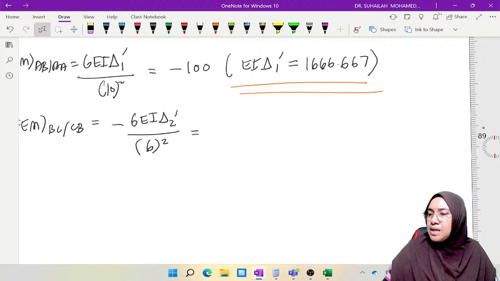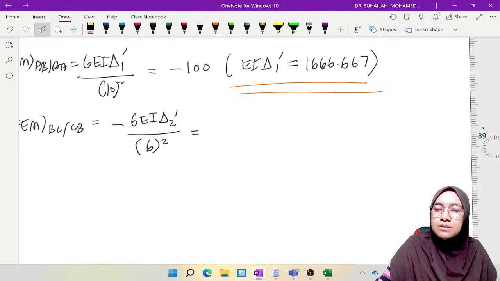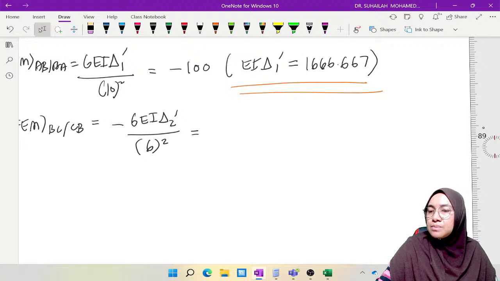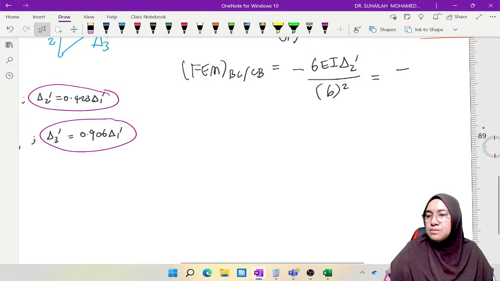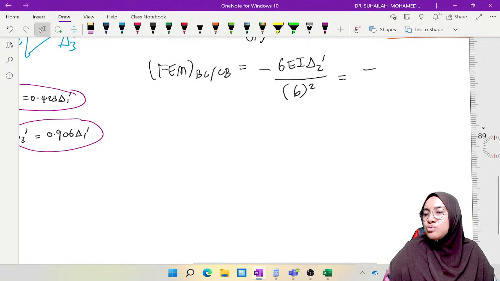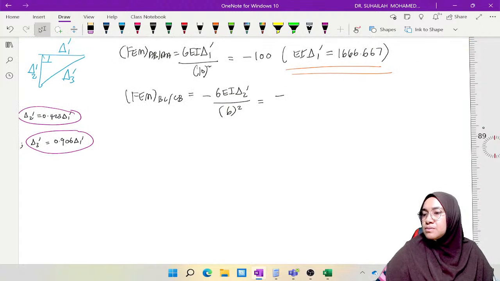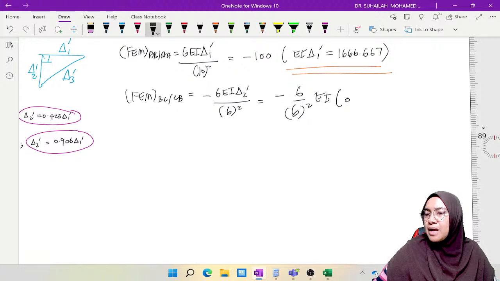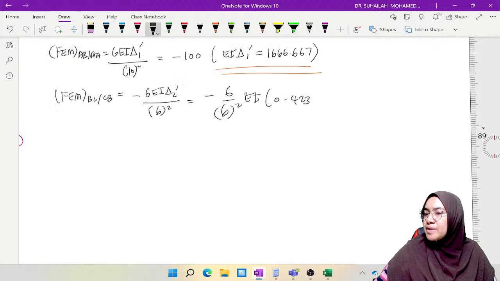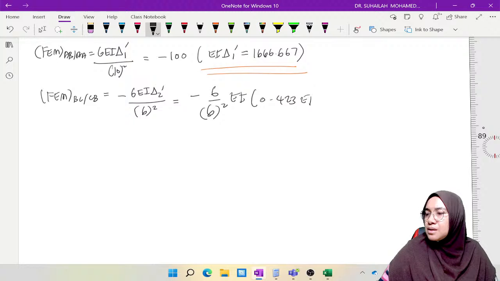Okay, it is negative 6 over 6 square EI times 0.423 EI delta 1 prime.